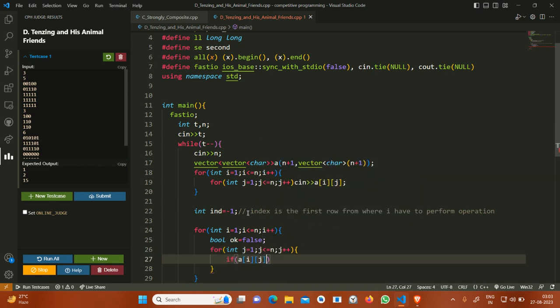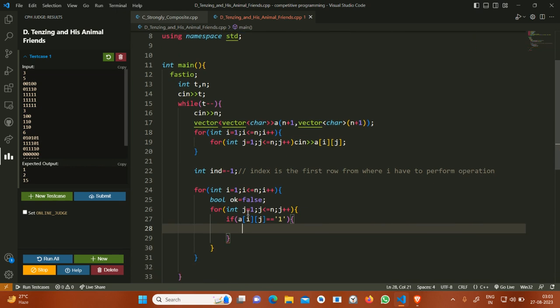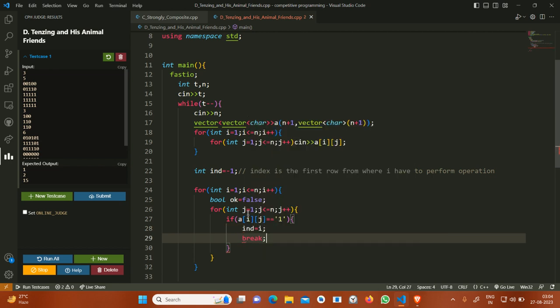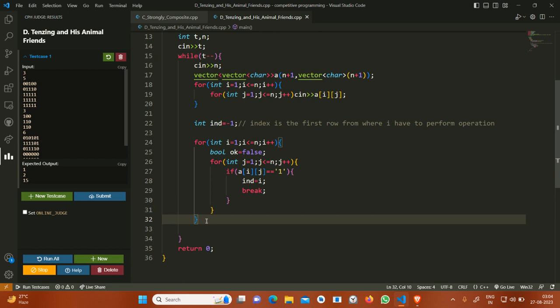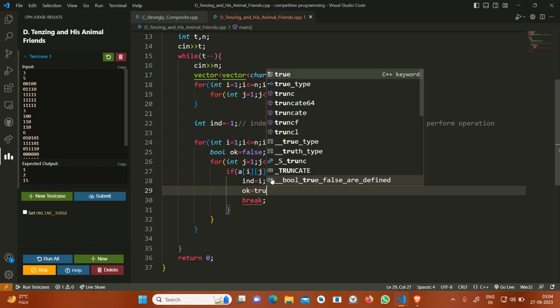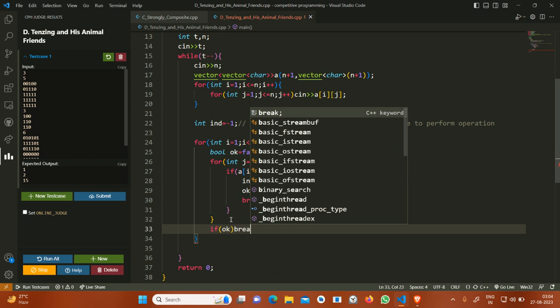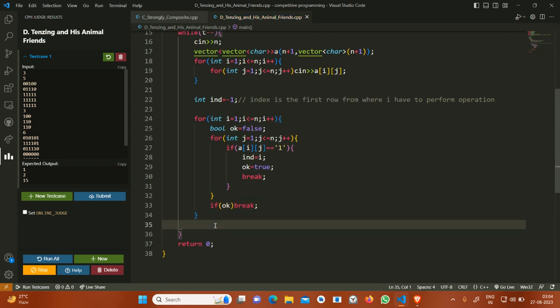If a[i][j] equals 1, then ok equals true. Sorry, index would become i, and then I just break. And I will also make it true. If ok, then I will again break because I have got the row.